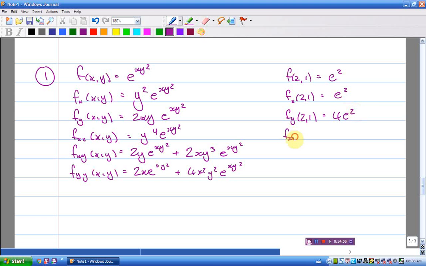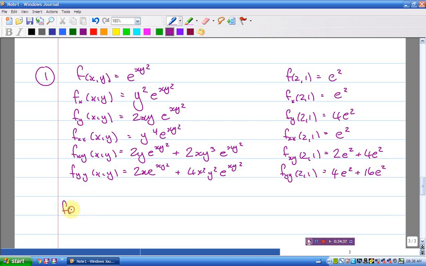The xx derivative is e squared. The xy derivative is 2e squared plus 4e squared, in other words 6e squared. And the yy derivative is 4e squared plus 2 squared is 4 times 4 is 16, 16e squared.